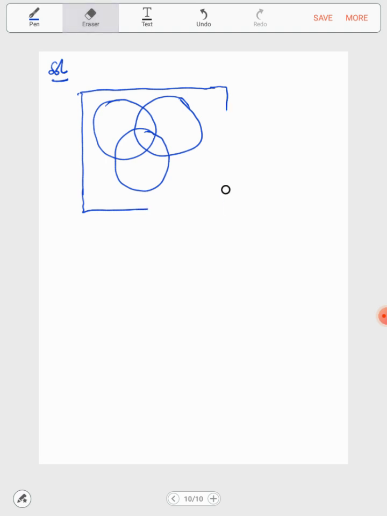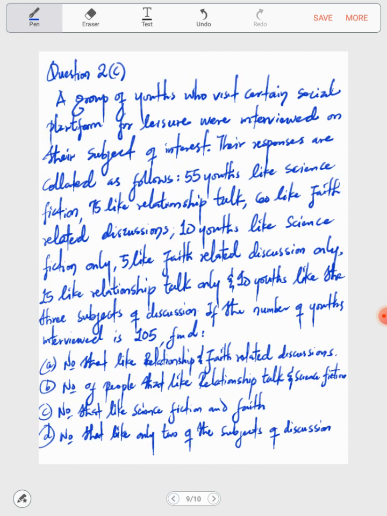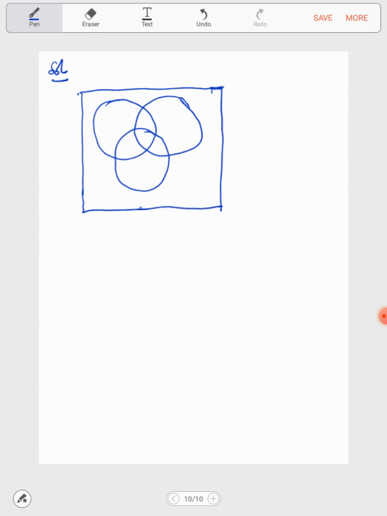Now the picture depicted here shows what the rectangle is representing. The rectangle is what you call the universal set, or the mother set, which in this case would be the number of youths in total. Each of the circles represents an interest.